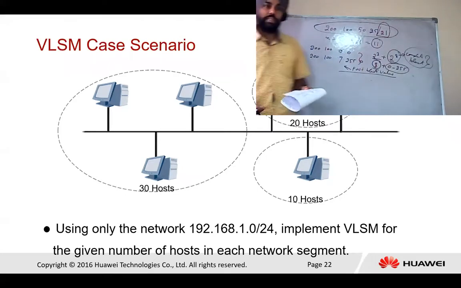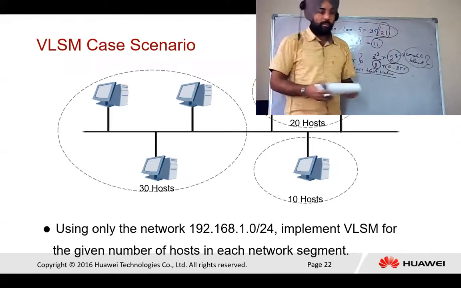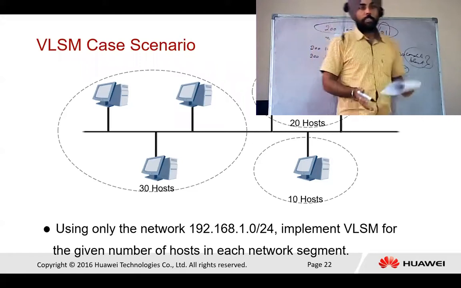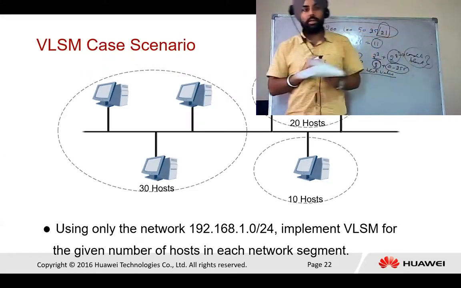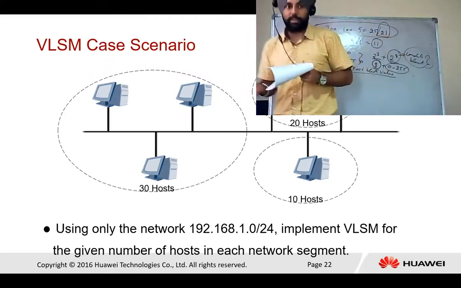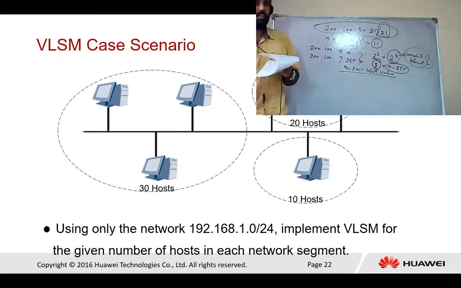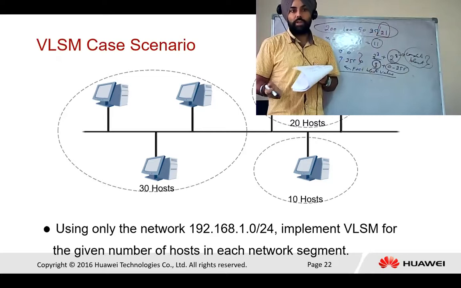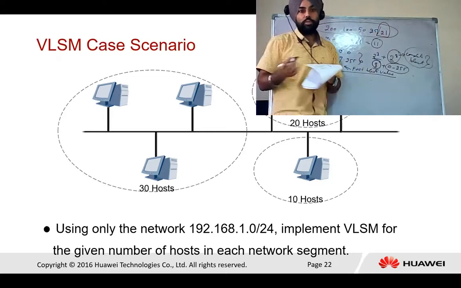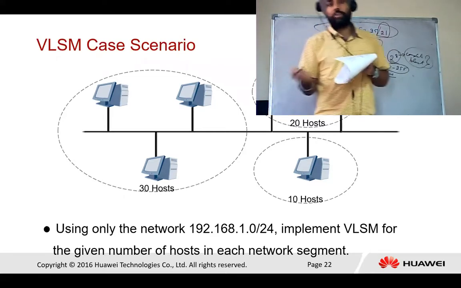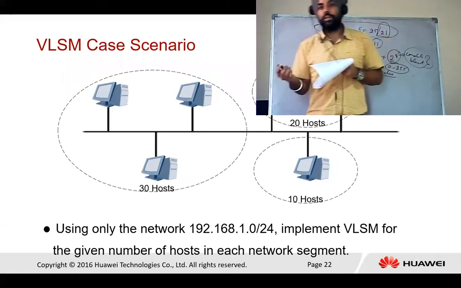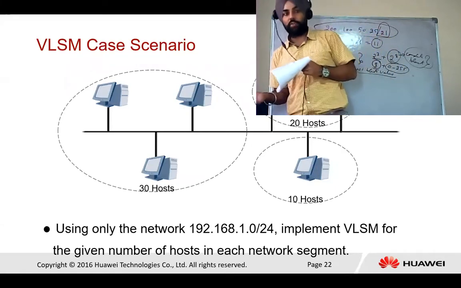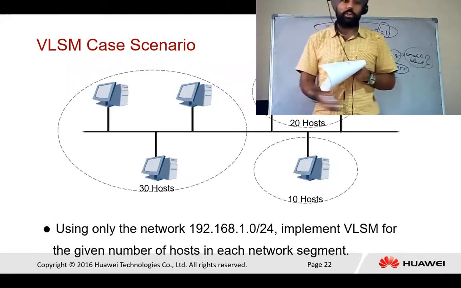And this is implemented with the help of VLSM, because this is a classless IP address. When we are talking about the classful IP address, we cannot change the system's IP address by default block values. So when we require different block values, we use VLSM, or we can say the slash notations.